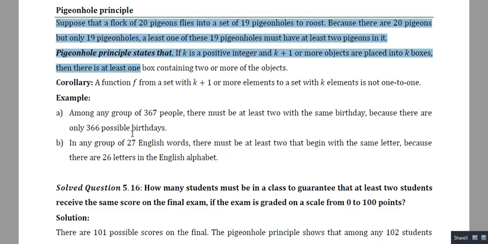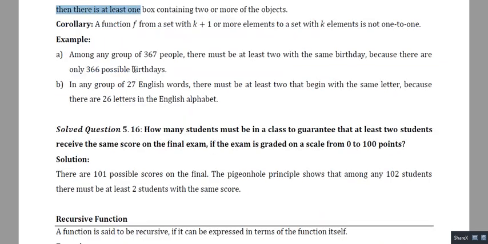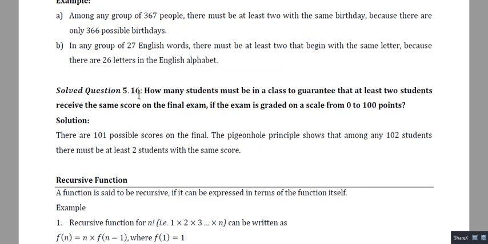I have 5 dresses, and a week has 7 days. So the initial 5 days can be continued with unique dresses, but on day number 6 and 7 they have to be repeated. So this is all about the pigeonhole principle. These are a few examples. You just go through them.